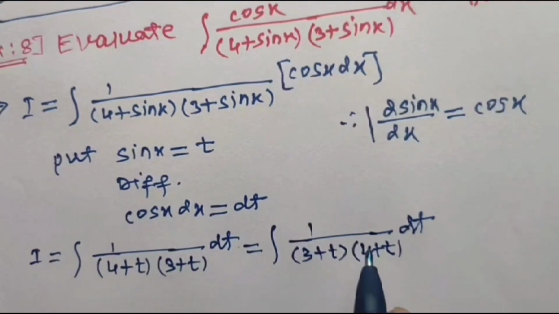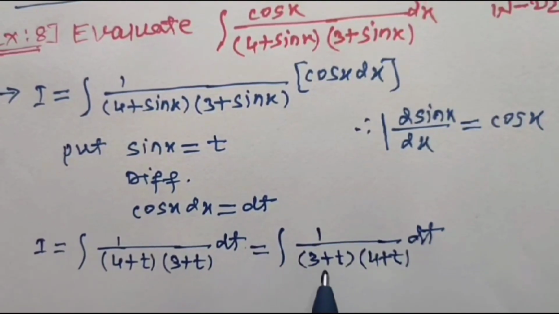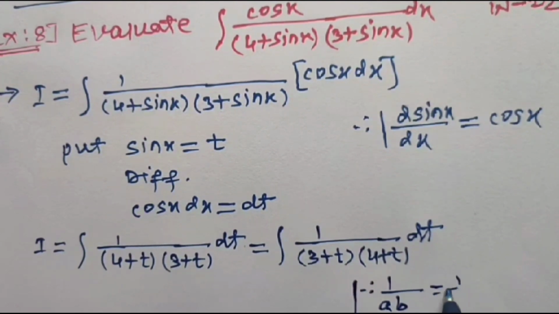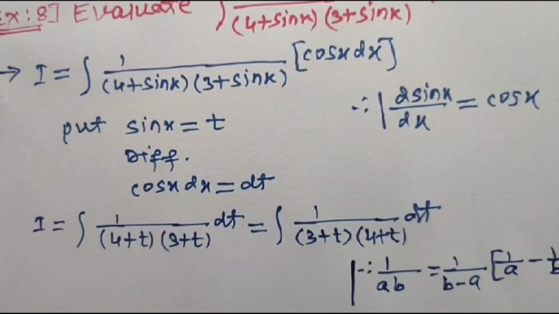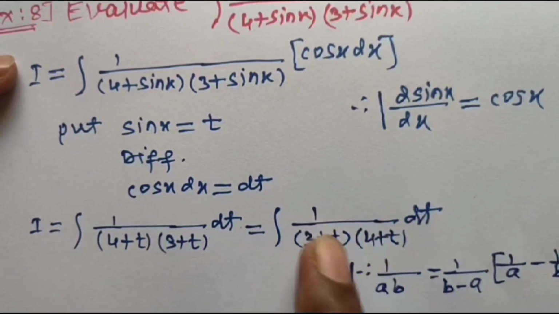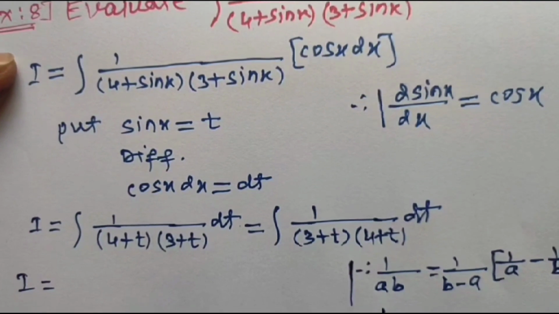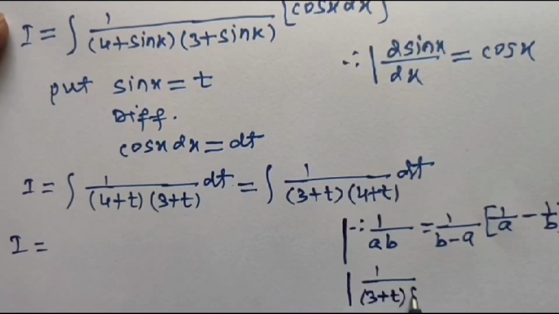So we have to find the partial fractions. Since both are linear polynomials, we can apply the easiest formula, that is 1 upon a into b is equal to 1 upon b minus a into bracket 1 upon a minus 1 upon b. Applying this formula for finding partial fractions of the given fraction, 1 upon 3 plus t, first linear factor, second linear factor is 4 plus t.